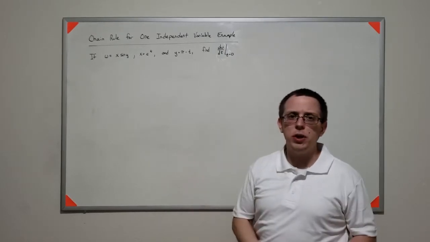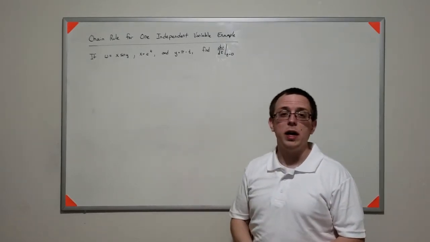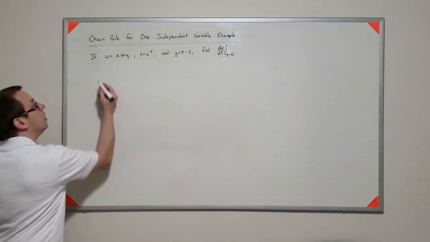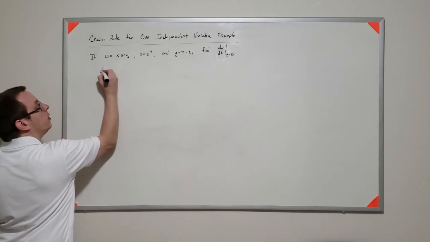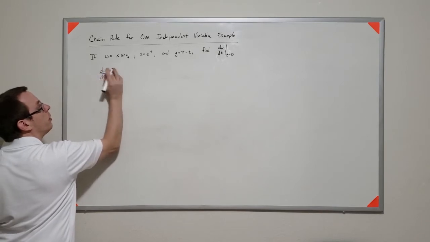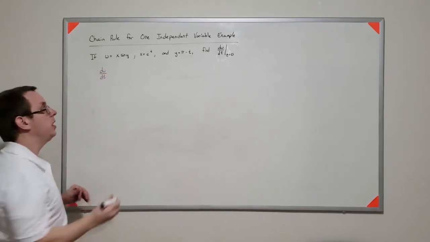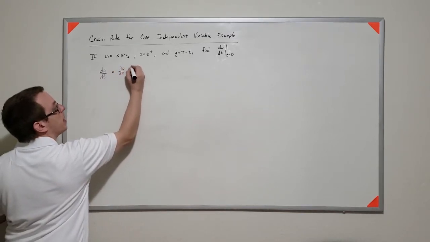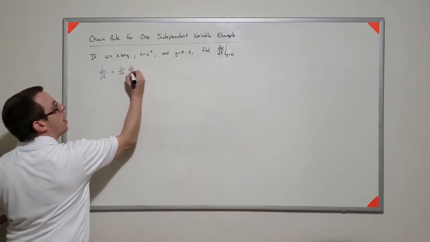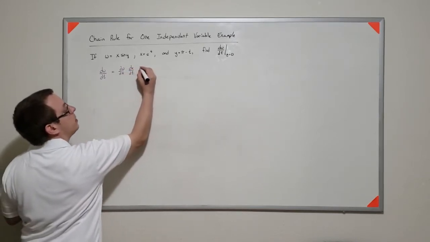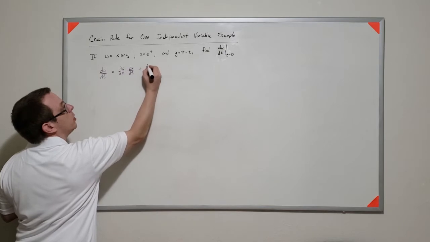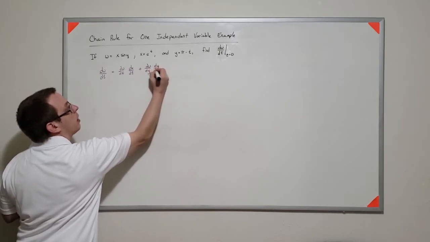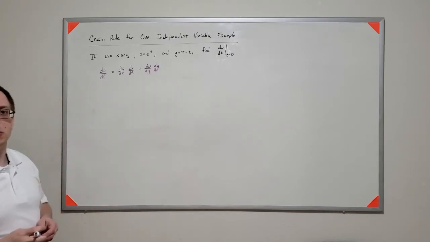So the first thing I want to do is think about the formula that I need to make this happen. And so we have the derivative of w with respect to t is the partial of w with respect to x times x's derivative in t plus the partial of w with respect to y times y's derivative with respect to t.